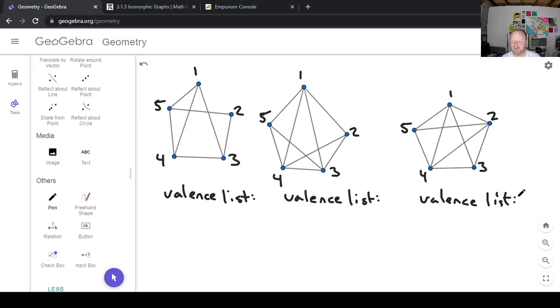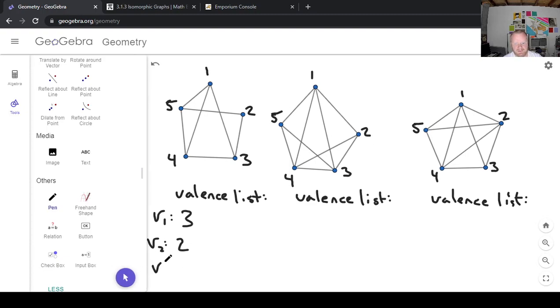We can at least get some hints about whether or not these might be isomorphic graphs. So if I start with vertex 1, that's going to have a valence of 3. Vertex 2 is going to have a valence of 2. Vertex 3 has a valence of 3.